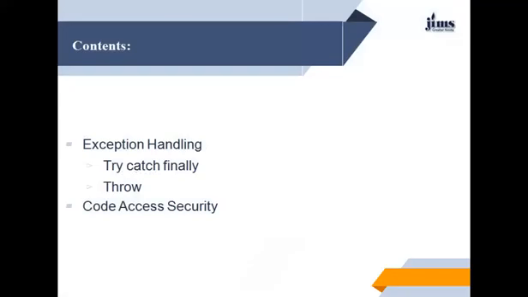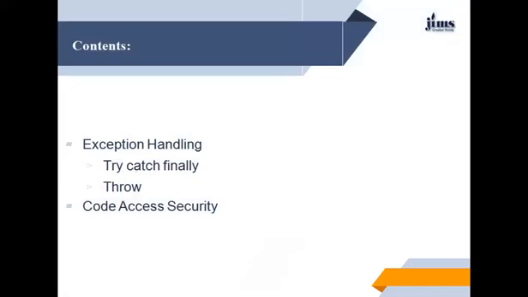In that case, it is not possible to do anything to make your program work well. But in this exception handling feature, an exception is, you can say, a runtime error, which will be handled with the help of exception handling.